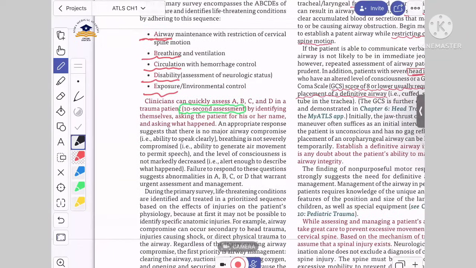If you are well trained and you know what to do in ABCD, it takes 10 seconds for assessing the airway, breathing, circulation, disability and to do exposure for that patient.